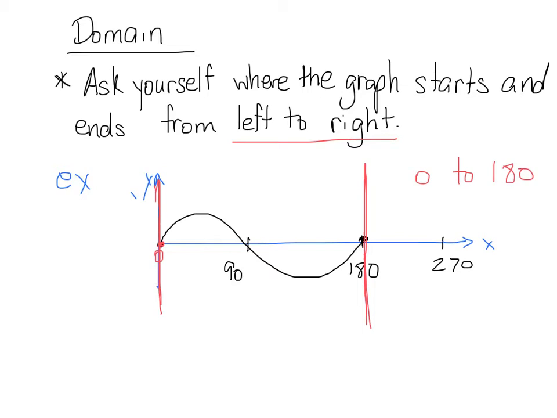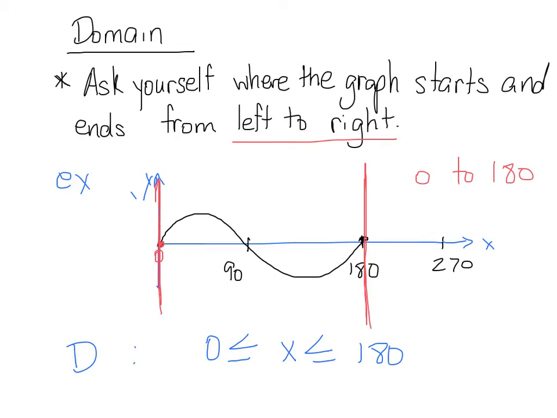It's going from 0 on the left to 180 on the right, which means that in mathematical notation, the domain here would be 0 is less than or equal to x, which is less than or equal to 180. Sometimes people say D and a colon and then give the domain. So that's our domain. That example was somewhat straightforward.